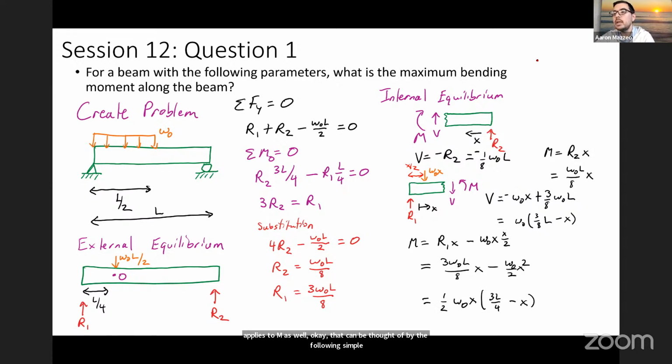Maybe it's not so simple, but let's say that we have a beam, which, in fact, we do. And we take that beam and we take out a chunk on either side.